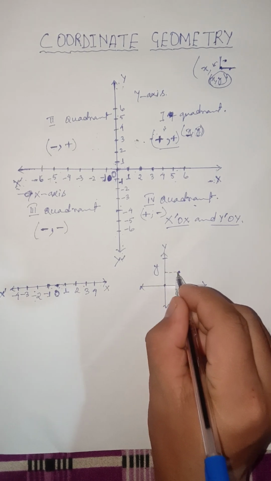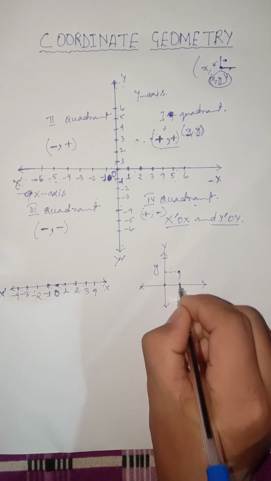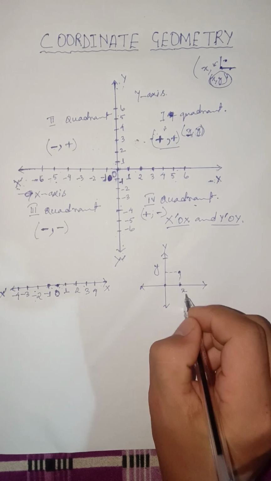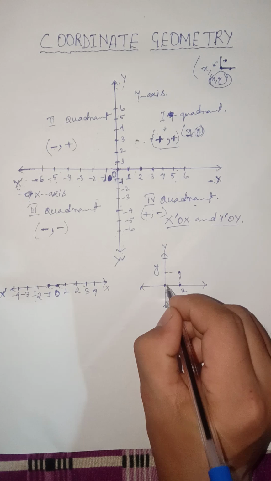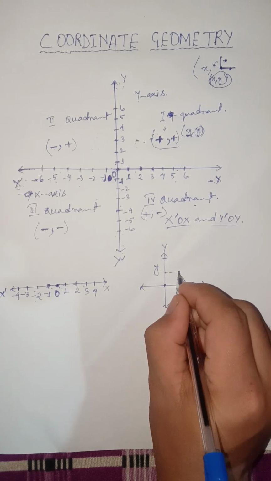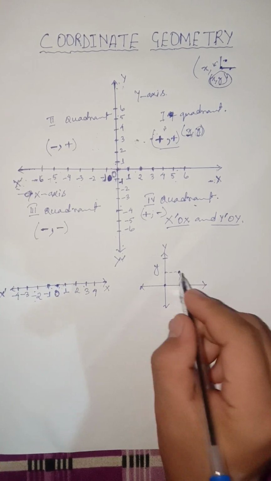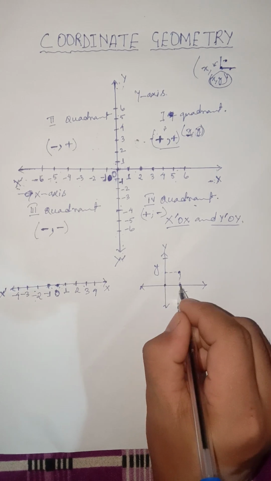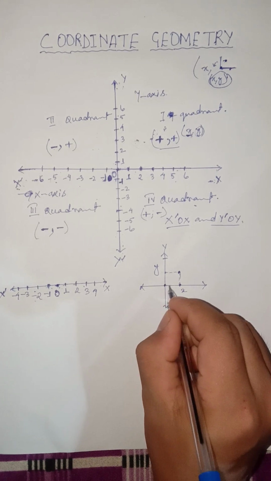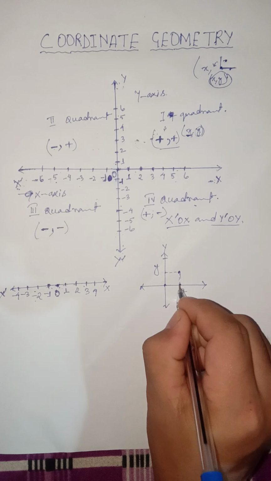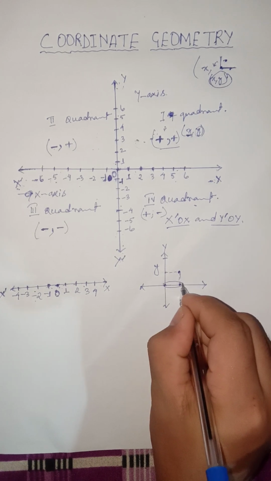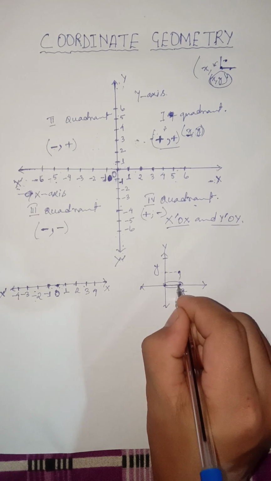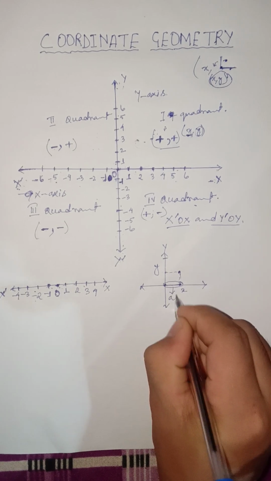Let us suppose this is the dotted line which we draw from x as well as from y. In order to get these locations, first we have to start counting in this direction up to this, right? And this distance, we call it abscissa.